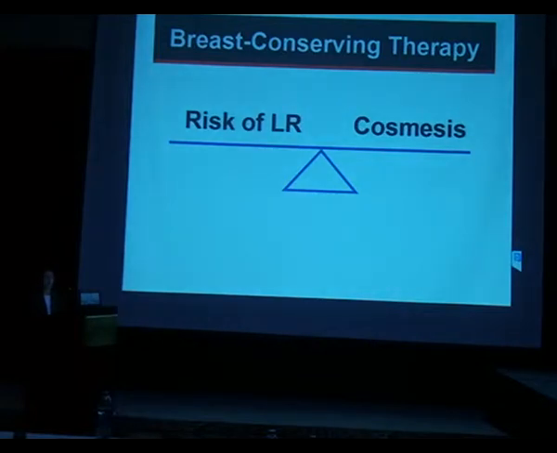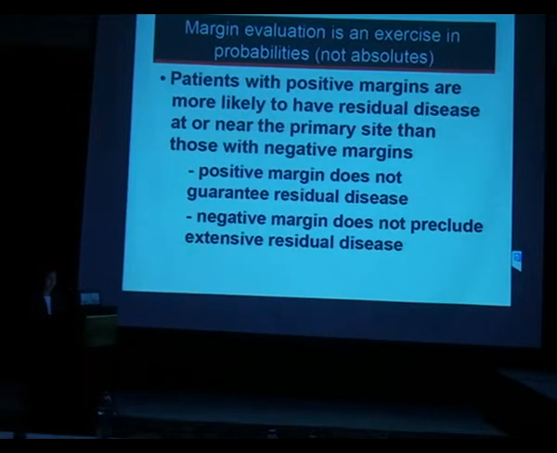And the breast surgeons, when they are doing segmental resection, need to balance risk of local recurrence and cosmesis. Obviously, patient selection is very important. The size of the breast and size of the resection are two important components.